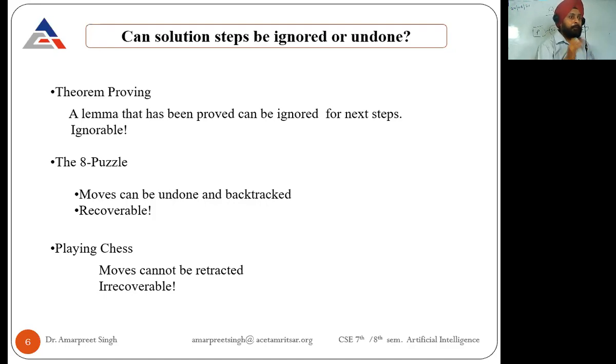It is known as a move. So in these cases, we have to see, it is a very important characteristic of the problem: can solution steps be ignored or undone? So we have many types of problems. Suppose the 8 puzzle problem is there.